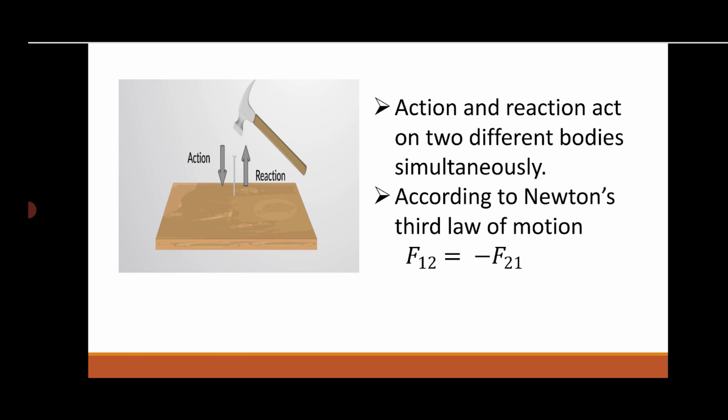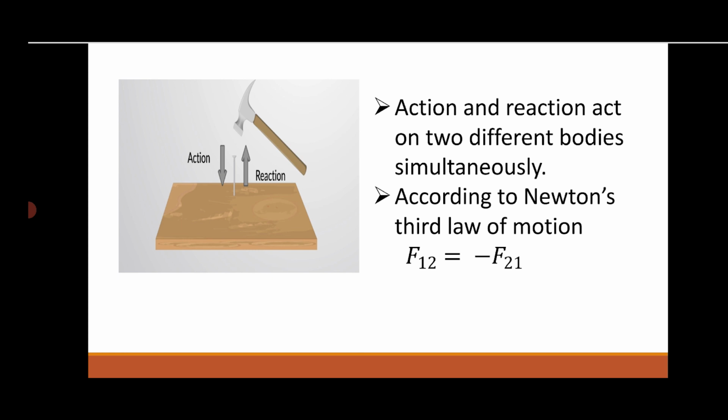As per Newton's third law of motion, we can write an equation for the motion. Here the hammer exerts a force on the nail in the downward direction. We can write that force as F12. Here the force is exerted by the first body on the second body.